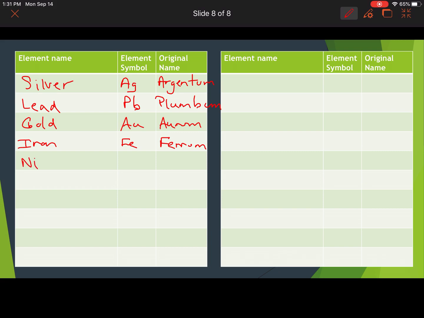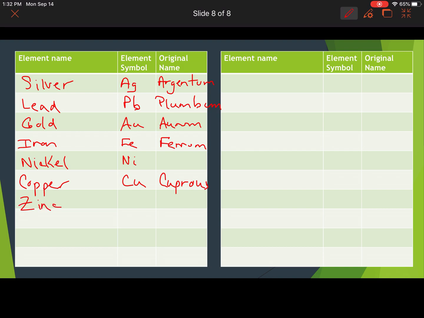After that, we've got nickel. My name is Nicole, and my grandfather used to call me his little nickel. Nickel, Ni. After that, we've got copper. Copper is Cu. Again, we think it should be Co. It's Cu, which tells us cuprum was the original name.